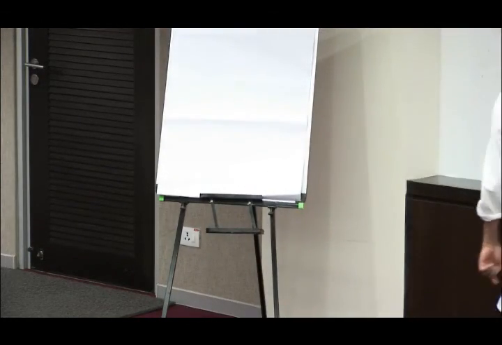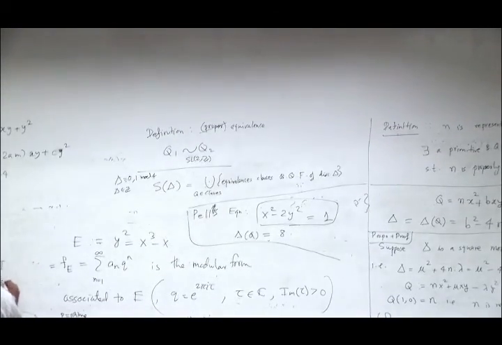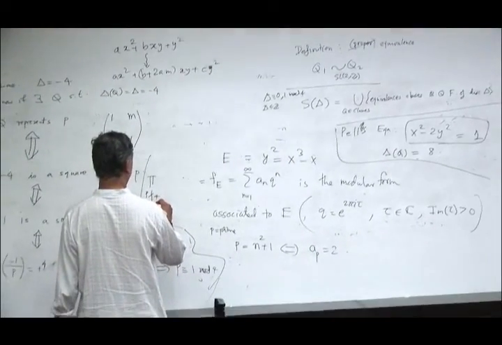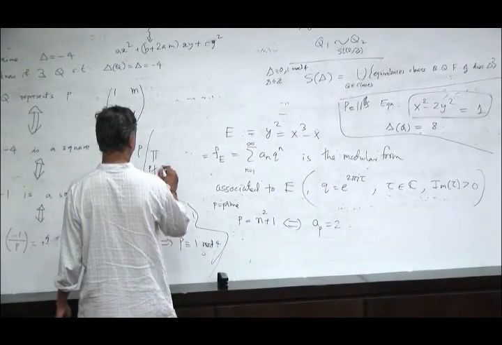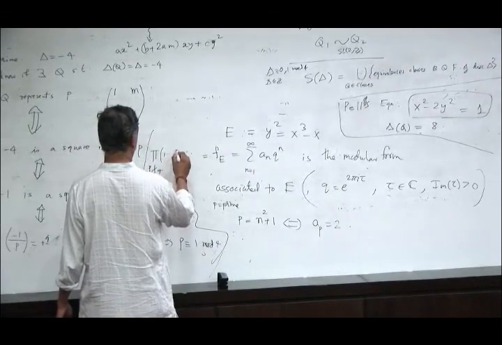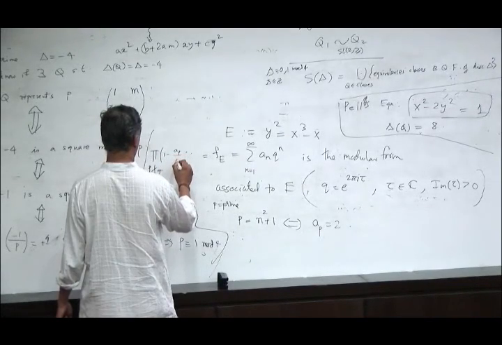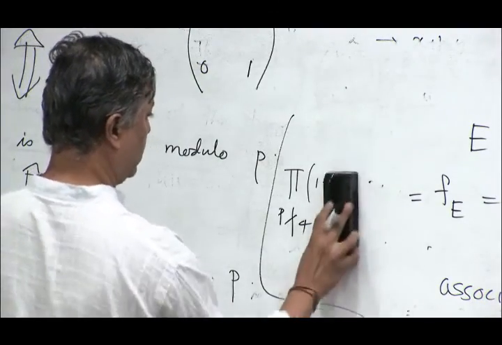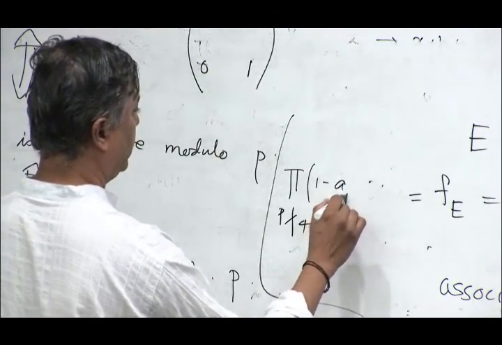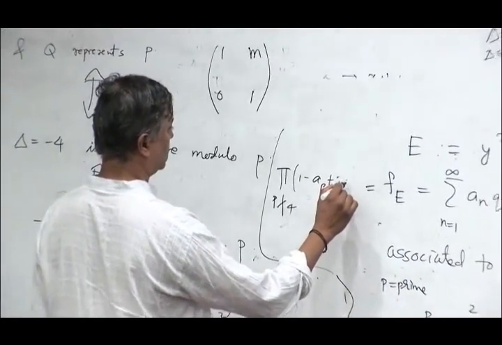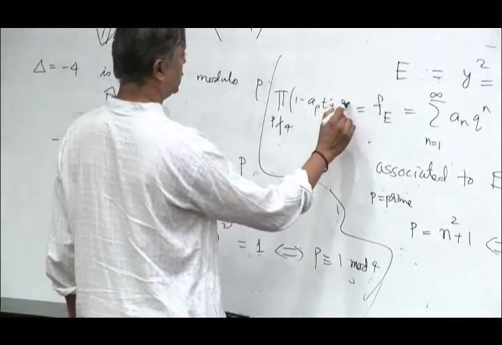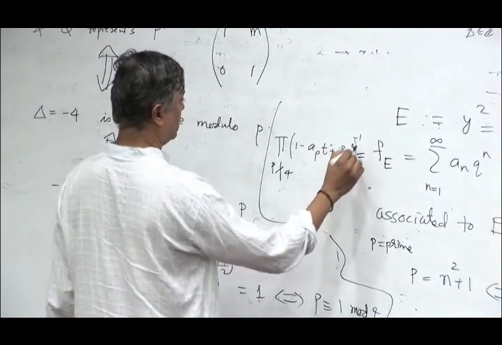Yeah, so this is a product over primes p not dividing, let's say, 4, of 1 minus a_p T plus p T square, inverse.